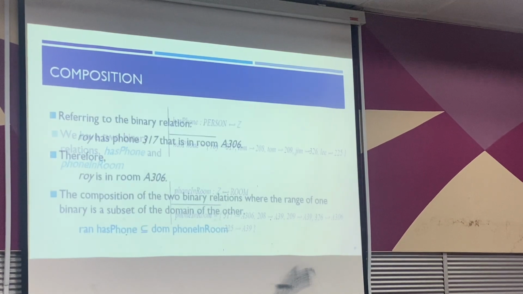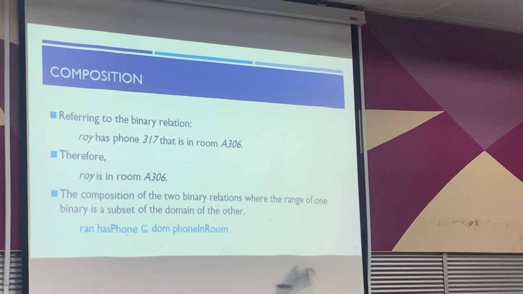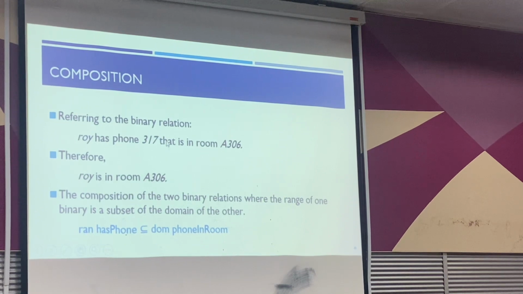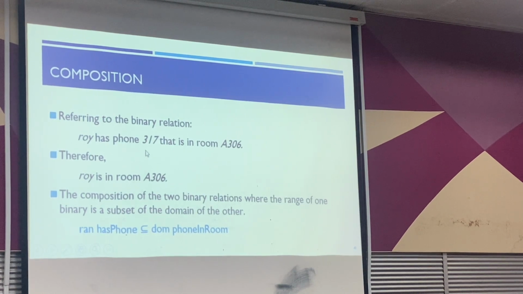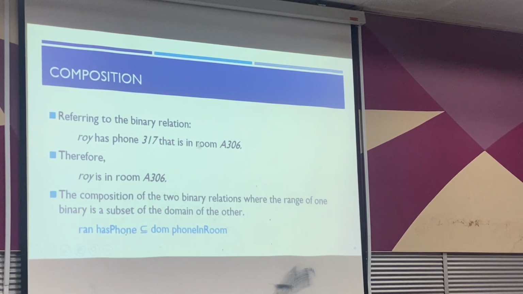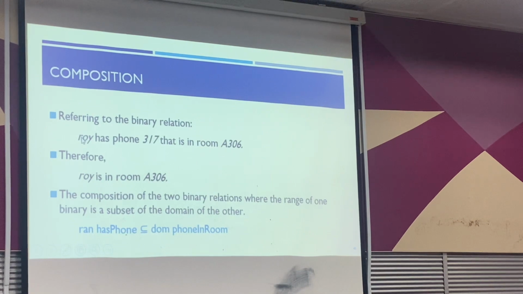So how do we do composition? Let's say this is the story. There's a phone inside a hotel room. Let's say the room is A306, and the phone extension is this number. And you are staying in this room. So we are saying that you are using this phone in this room, which means you are in this room.